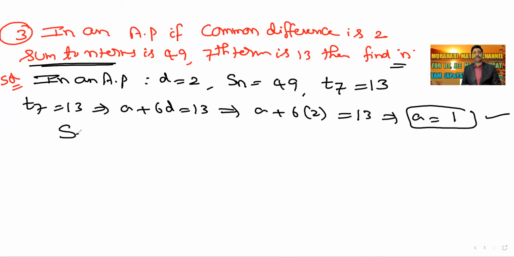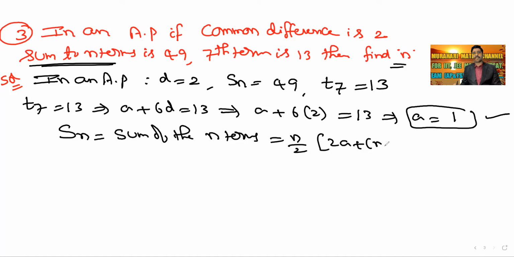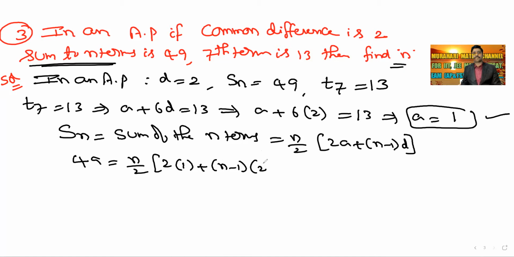Sn, the sum of n terms, formula is n by 2 times 2A plus n minus 1 into D. Sn value 49 equals n by 2 times 2 into A value 1 plus n minus 1 into D value 2.